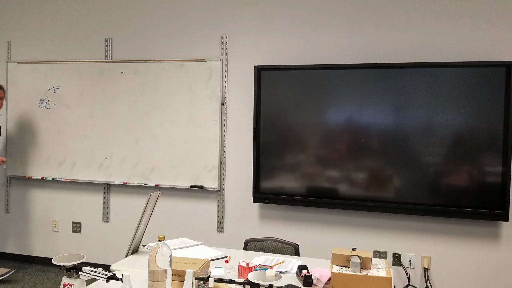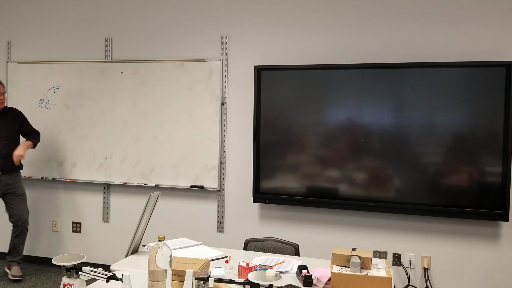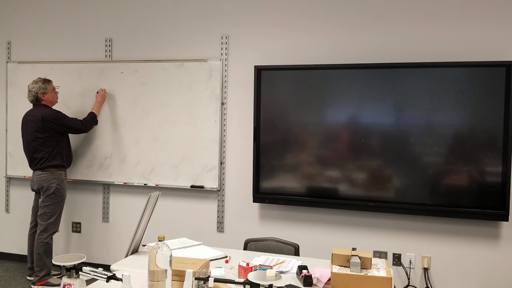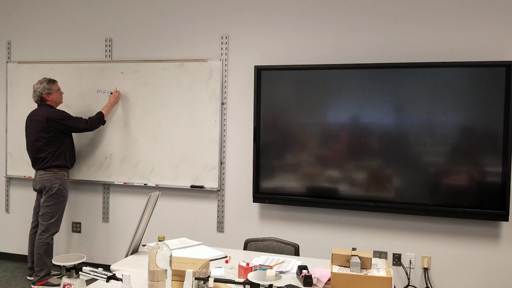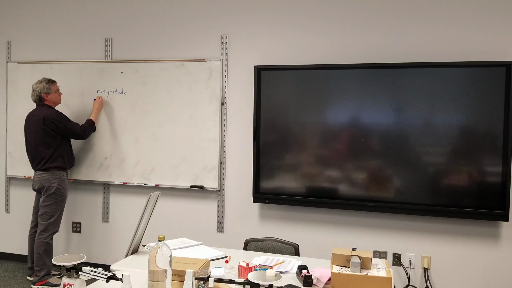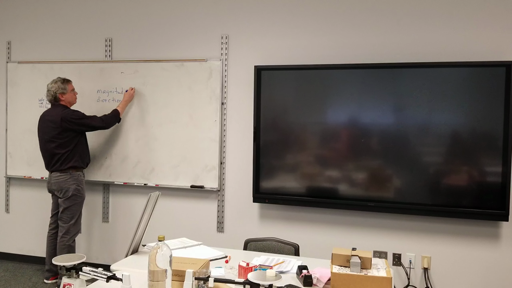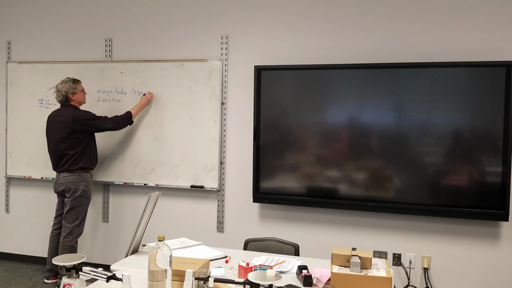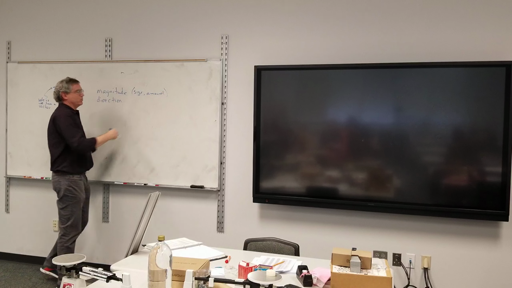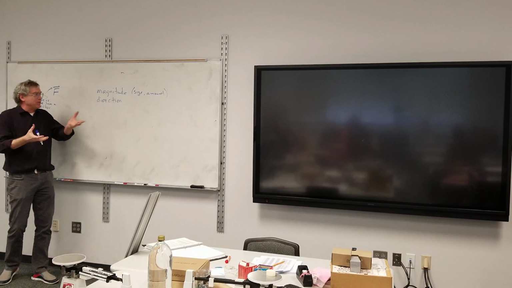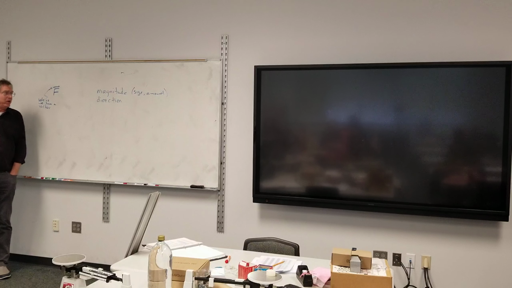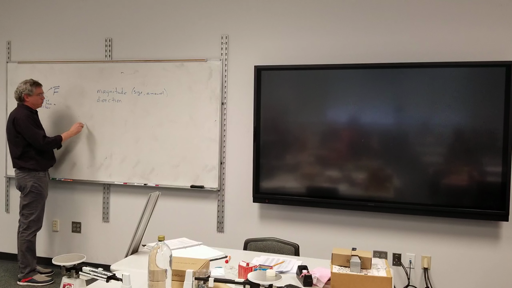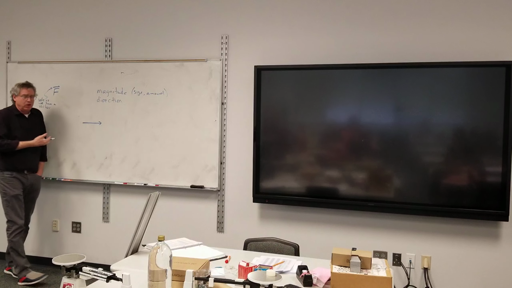Another way that you can tell with a vector, because vectors have two things. They have a magnitude and they have a direction. Now, magnitude, size, amount, there's something associated with it to indicate how much. So I can also represent a vector just by actually drawing an arrow.